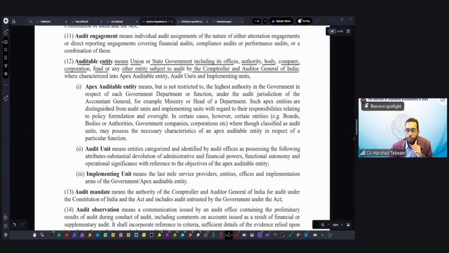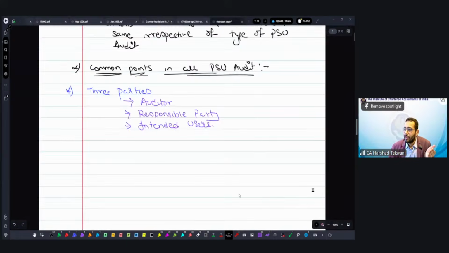So first were the responsible parties, which is there in relation to your auditable entity. So this is required to be understood with respect to auditable entities. Now, when I talk about intended users, who are intended users?